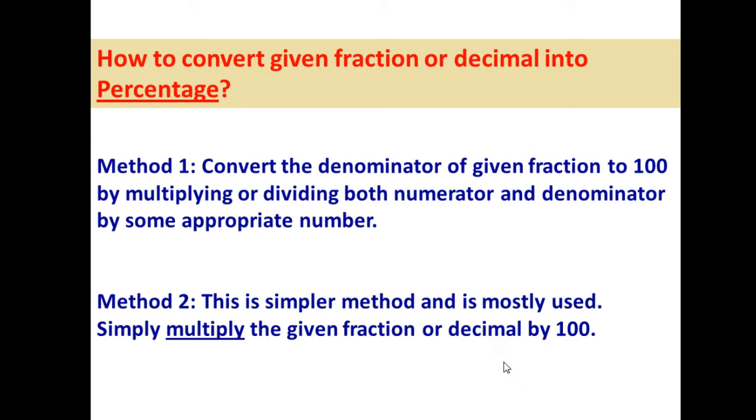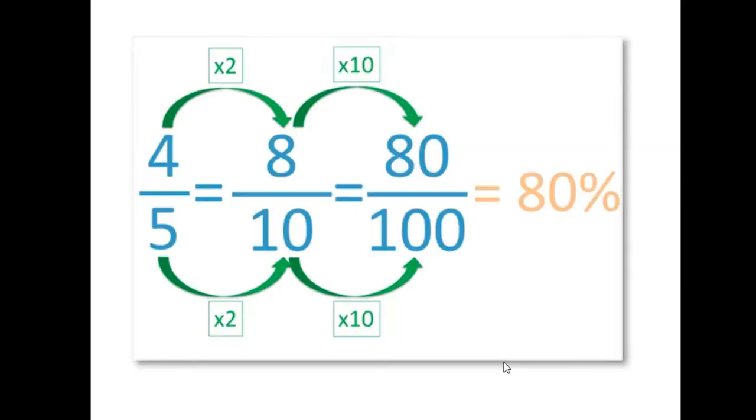How? By multiplying numerator and denominator by a suitable number so that you get 100 in the denominator. And the simpler method is method 2, and it is mostly used. What we do is we simply multiply the given fraction or the decimal by 100. So let's have a look at how.